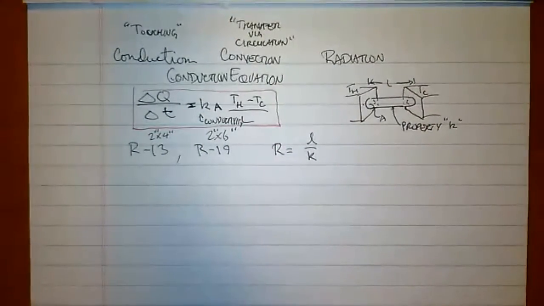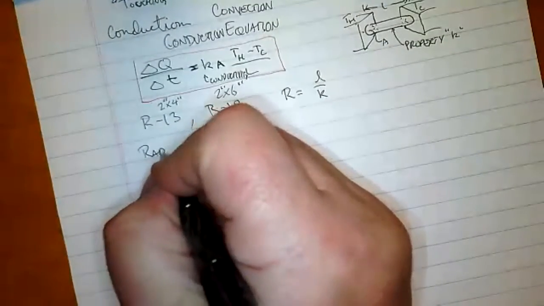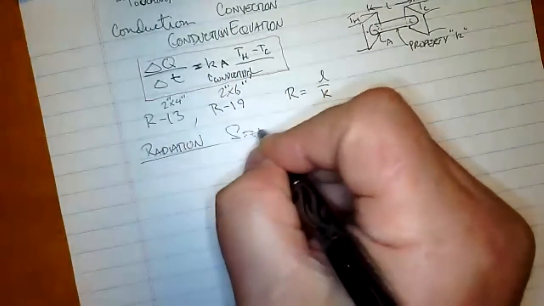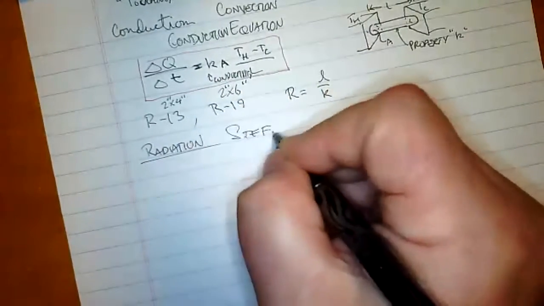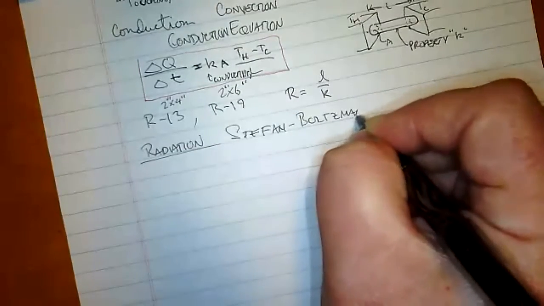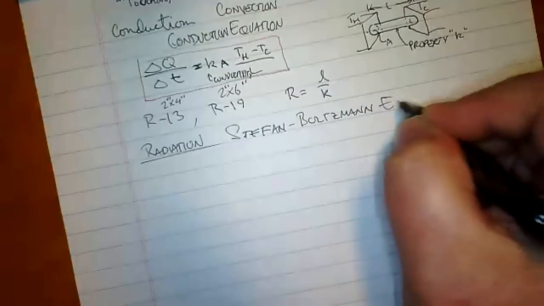Now, the other equation is the Stefan-Boltzmann equation, and that's for radiation. And basically that says, so let me write radiation first so I don't screw up again. The Stefan-Boltzmann equation.